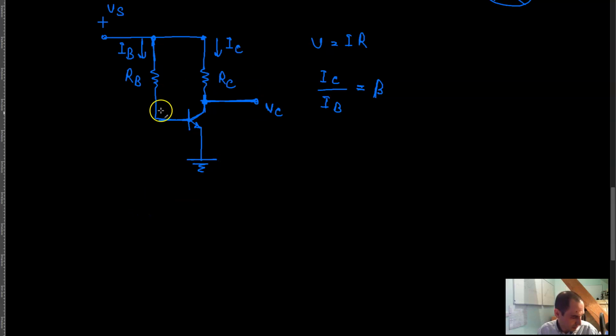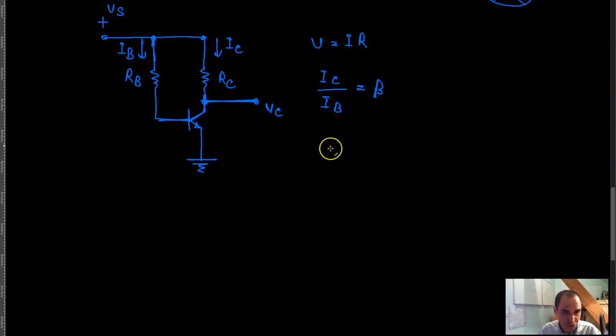Let's say that in the exact same circuit, usually R of C is set, and then based on that you have to change R of B, or R of B is set and then you have to change R of C, or basically neither of them is set, and you can make changes in order to get to different situations with this transistor.